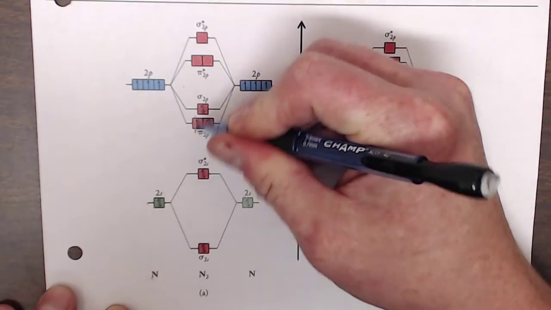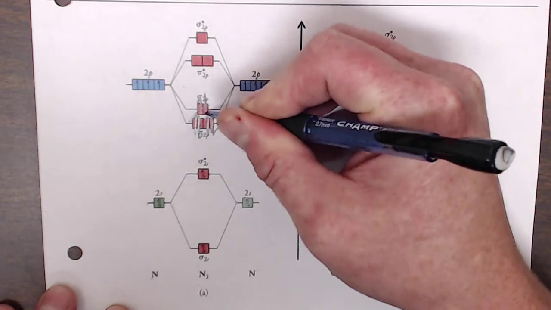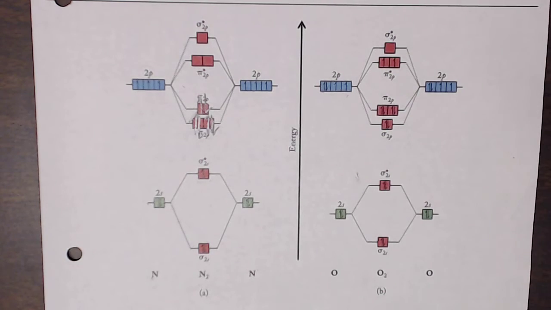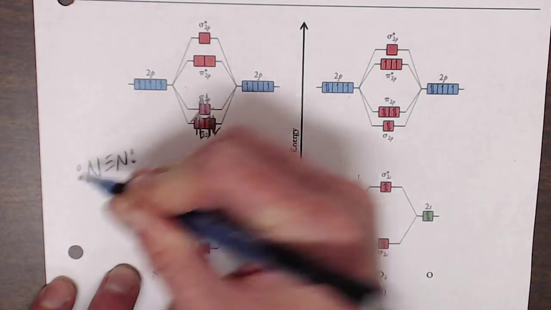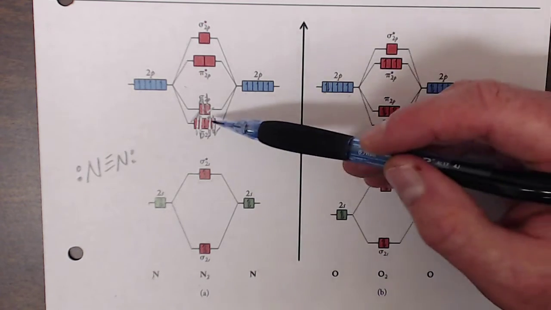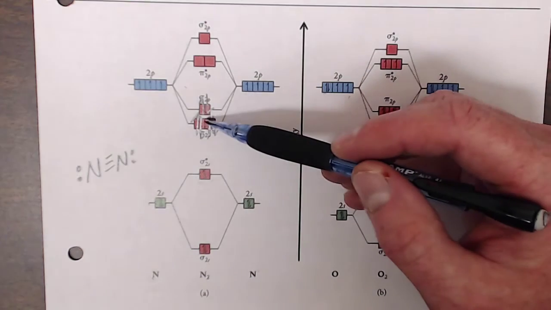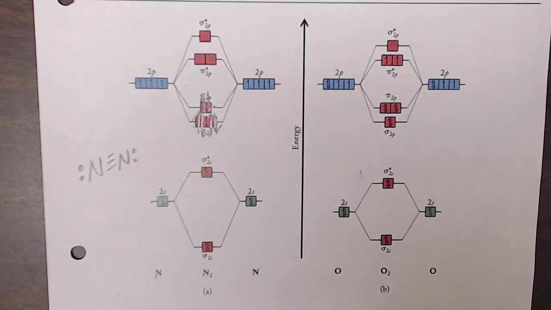And this really predicts nicely what is predicted in the Lewis structure, where nitrogen has the triple bond, and that would be 2 pi bonds and 1 sigma bond, right? Well, here they are. Here's your 2 pi bonds, and here's your 1 sigma bond. Okay? And so that predicts nitrogen to be a very stable molecule.